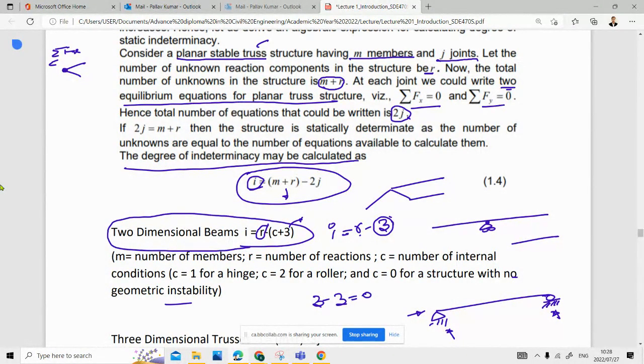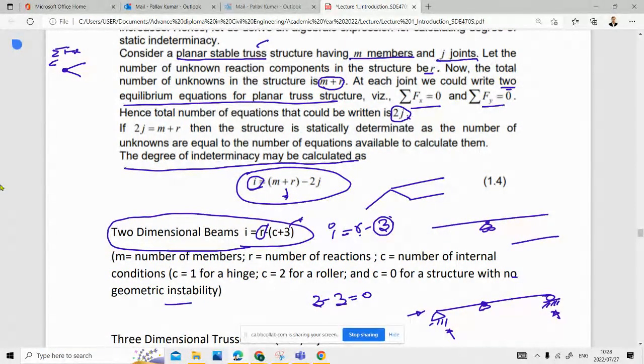Now if you add one hinge in between, that will give you one more equation. This C is nothing but that: while adding this hinge, you will get one more. And if you add another roller here, you will get two more equations at this point.